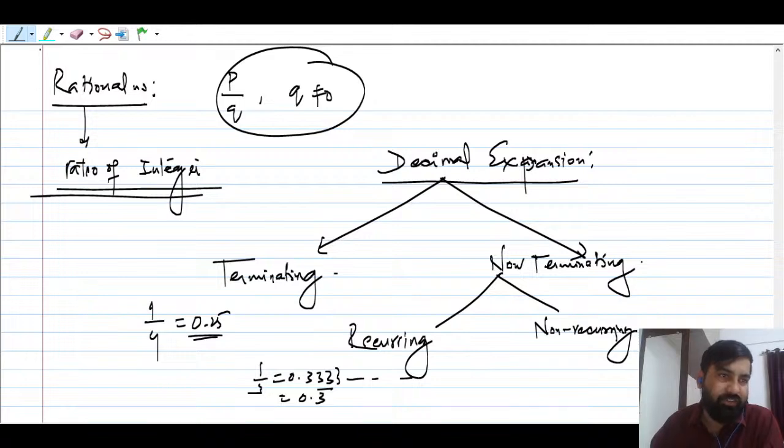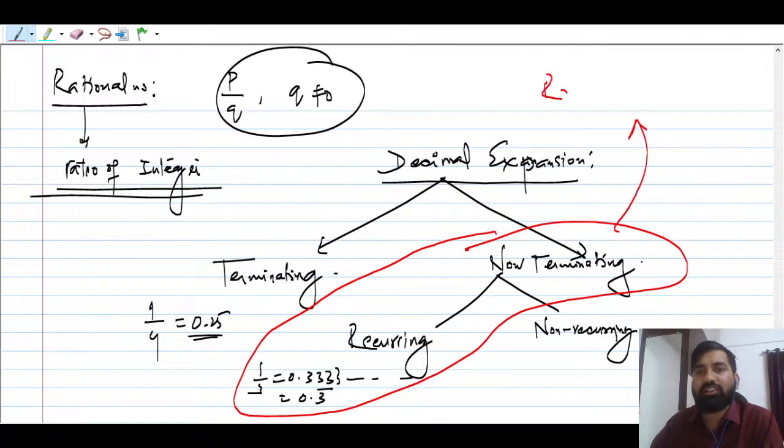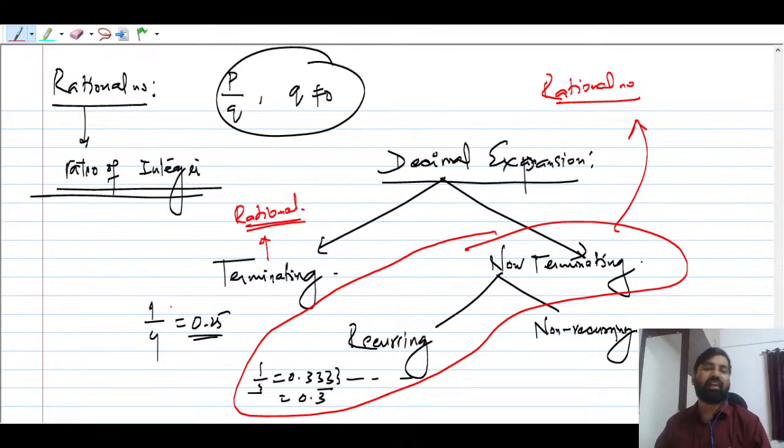This is a very important definition for rational numbers. Non-terminating and recurring is what we call a rational number. You can always write 0.25 in the form of a rational number.